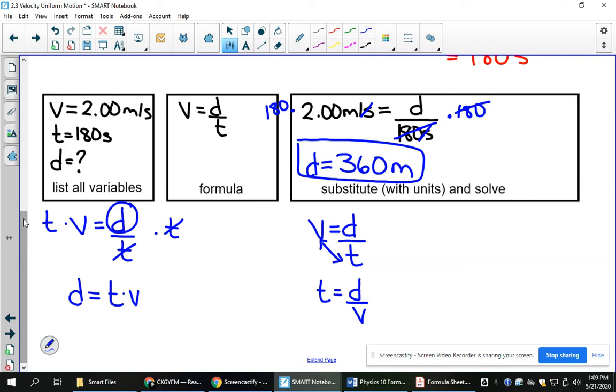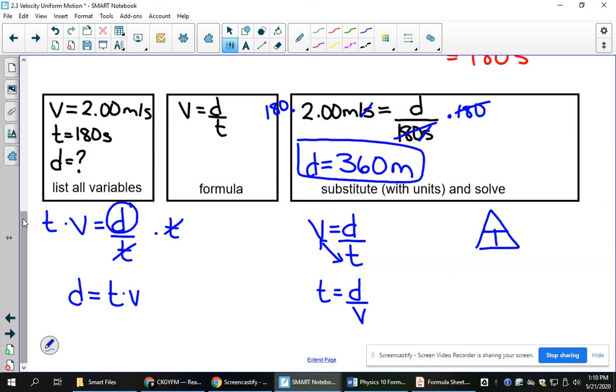Now, let me mention this thing. Lots of students want to use this triangle to organize their formula. The reason why I don't recommend using this triangle is because it really only works for this formula. Everything else that we use gets more complicated, and there's no simple memorization technique of this triangle to memorize the formulas.